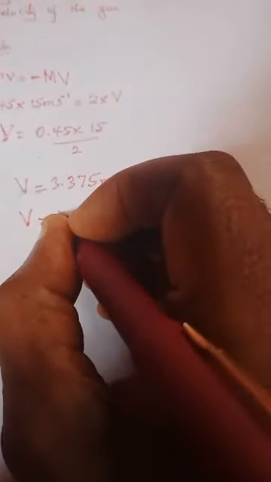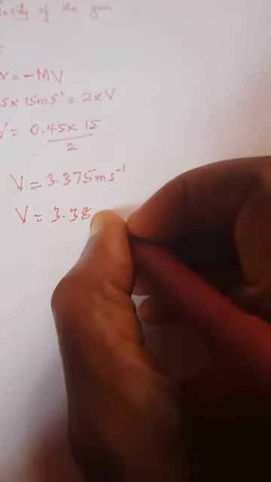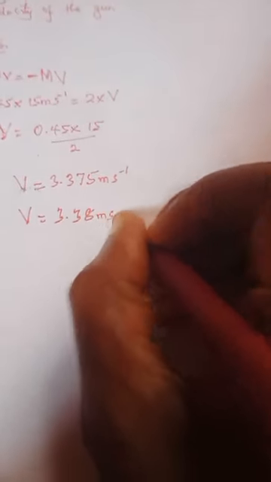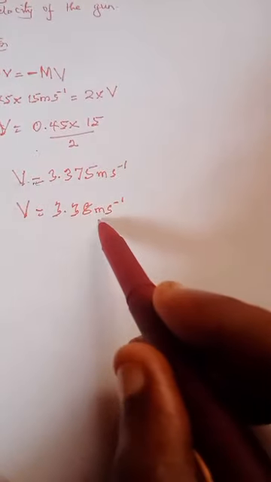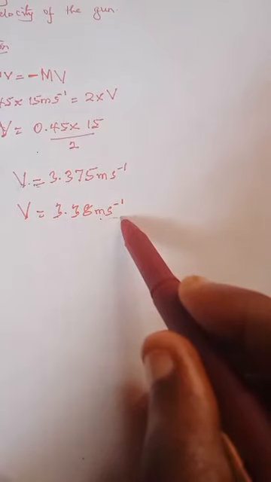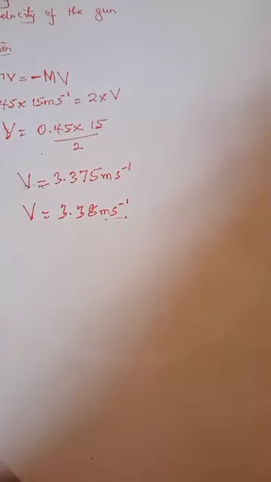You can approximate to say V is equal to 3.38 meters per second. Note, if you put a wrong unit here, or you omit the unit, they take half a mark from your marks.